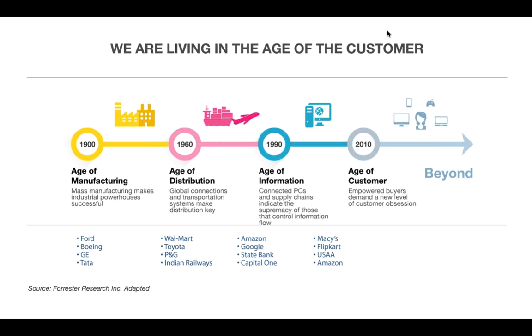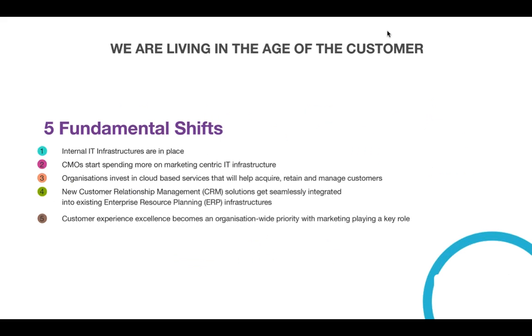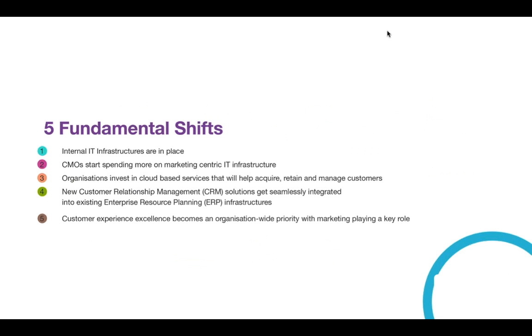So you look at the journey to where we are today in the age of the customer, looking back to the 1900s at the age of manufacturing and what that really means. Rapid industrialization led to mass production of goods and services, and this led not to a surplus really, but to a different way of business, a different way from before.